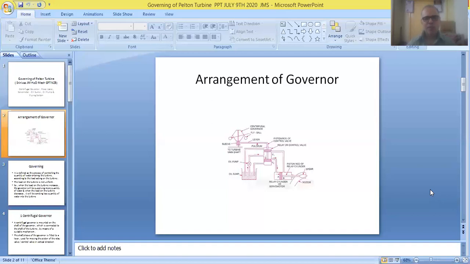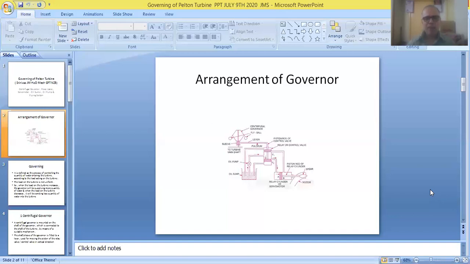So the piston of the first cylinder begins to move in downward direction, and while moving downward, it will be raising the pressure energy of oil and sending high pressure oil from the left hand side of the servometer.